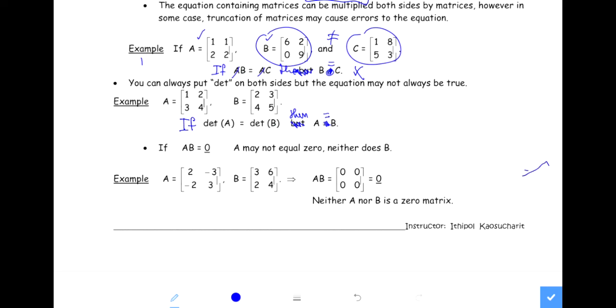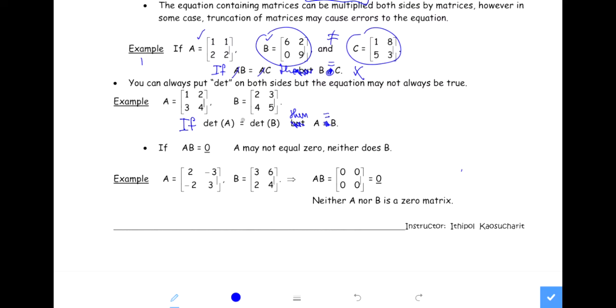When you see something like this, you will feel like, yeah, it must be equal. But somehow, with matrices, they're not going to be equal, because matrices have a lot of tricks, and they can really set you up and let you fall into a trap.